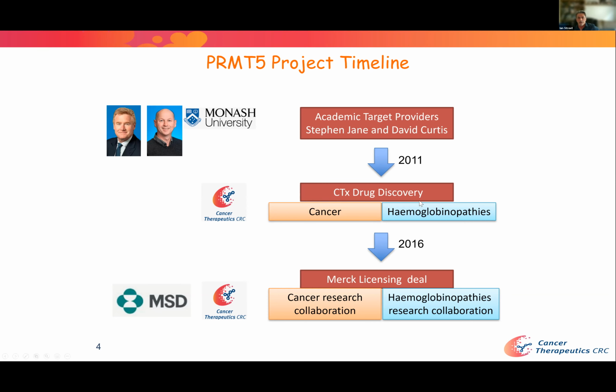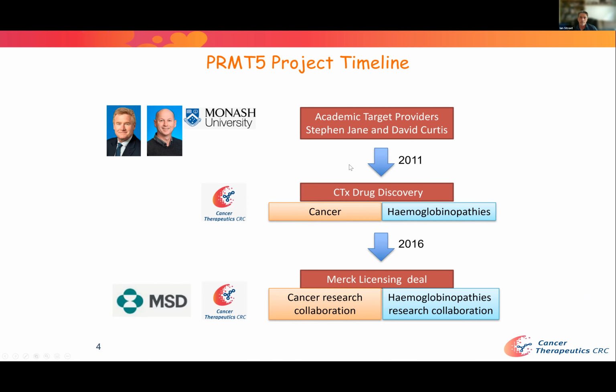So I could probably easily spend a 45-minute seminar just talking about the biology of this target. It's really fascinating. But needless to say, for the purposes of this talk, all we need to know is that Steve and David have presented a really compelling case why we should tackle this project to treat potentially AML and myelodysplastic syndrome.